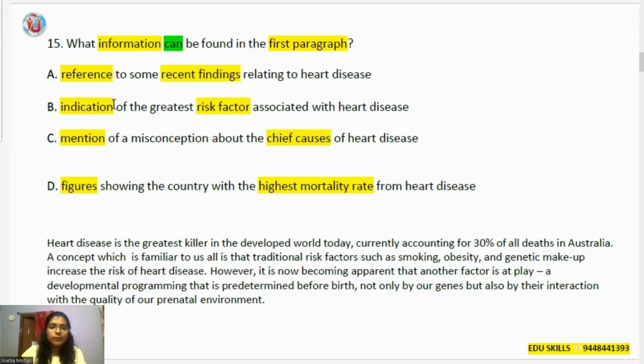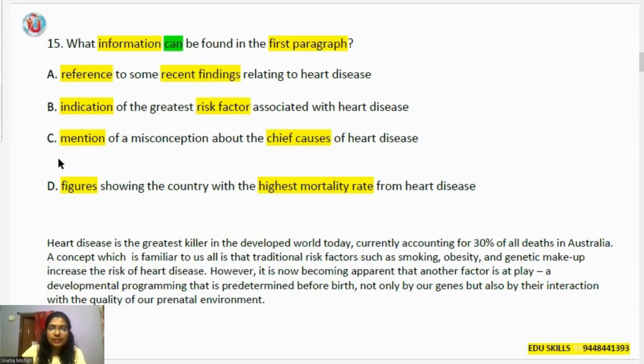Answer option A, reference to some recent findings relating to heart disease. Here the keywords are reference and recent findings. Answer option B, indication of the greatest risk factor associated with heart disease. The keywords are indication and risk factor.